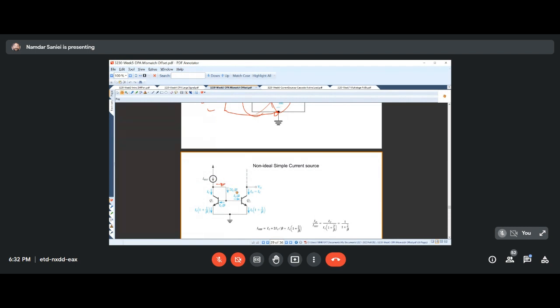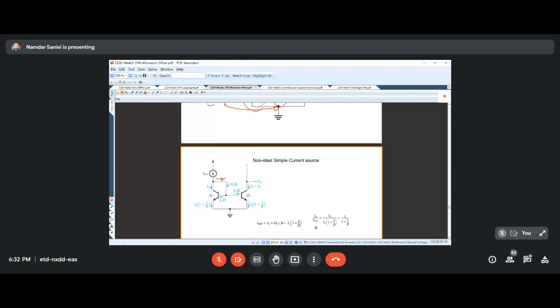So far, ideally, we said beta is infinite, so these currents were zero, and therefore IREF would end up equal to IO. But if we consider the betas, we realize a different story, in which there is an error when we relate IO to IREF.